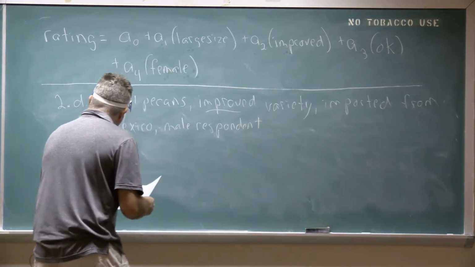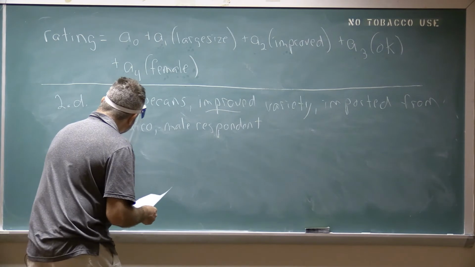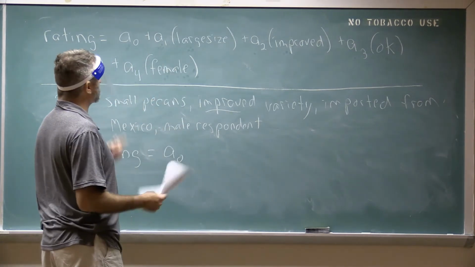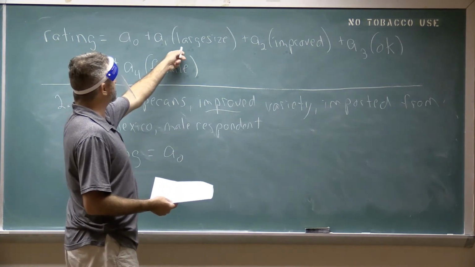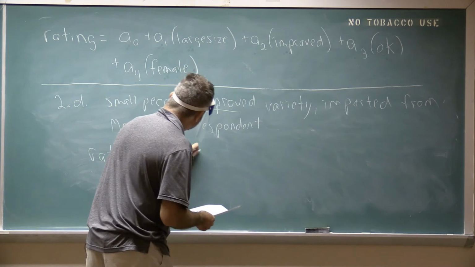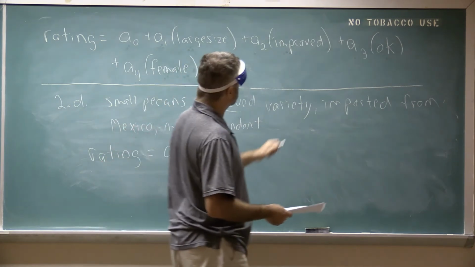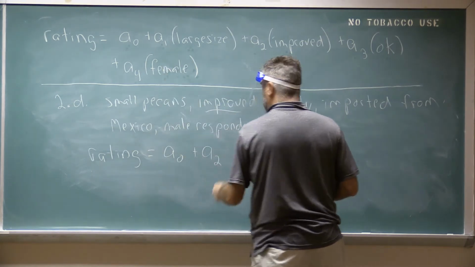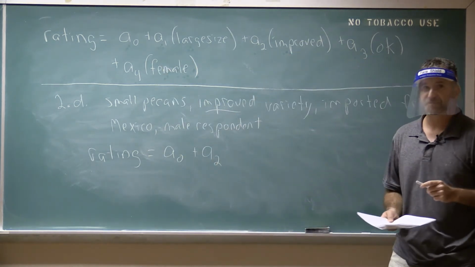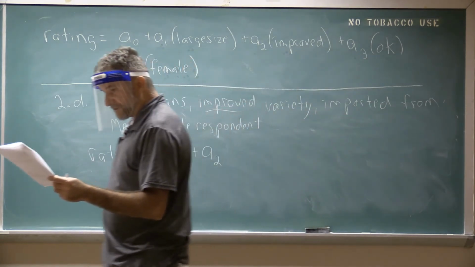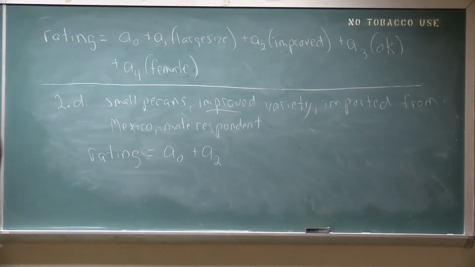And then our rating here equals A0. That's always there. It's just a number. Large size is 0. This goes to 0. Improved is 1. 1 times A2 is A2. 0 here, this term goes to 0. 0 here, this term goes to 0. And we just get this. And then remember, the predicted rating for 2A was just A0.